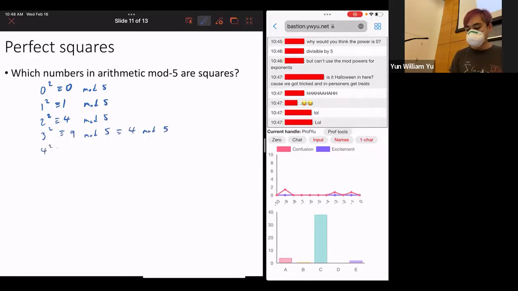And 4 squared is equivalent to 16 mod 5, which is equivalent to 1 mod 5. So only 0, 1, and 4 are perfect squares, which maybe isn't so surprising, right?